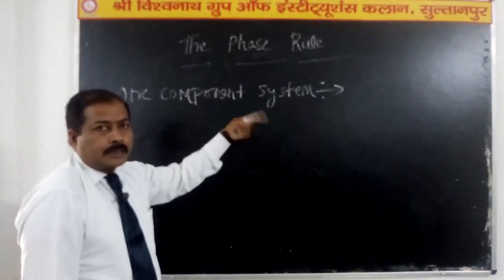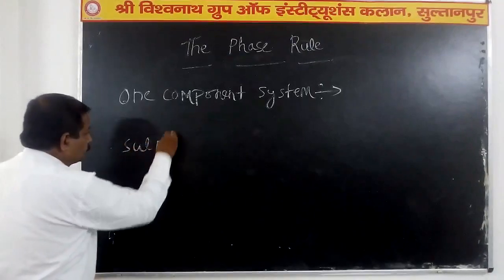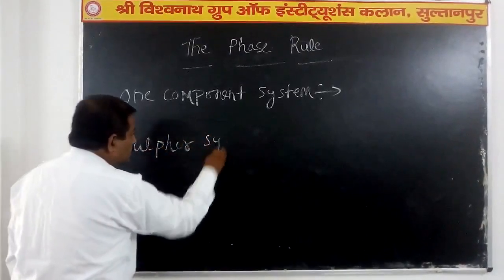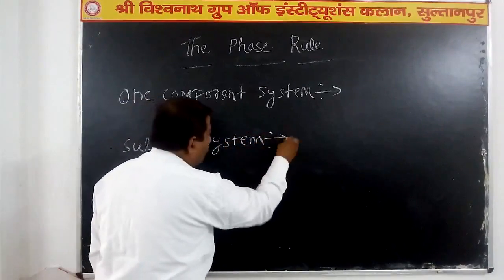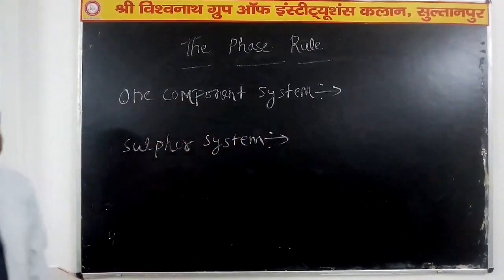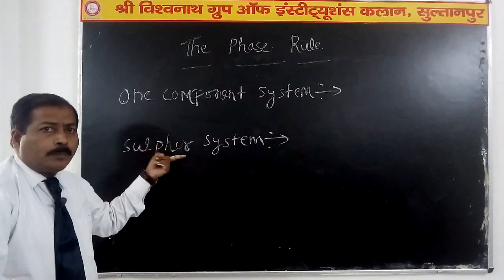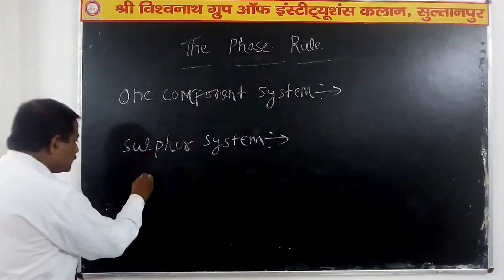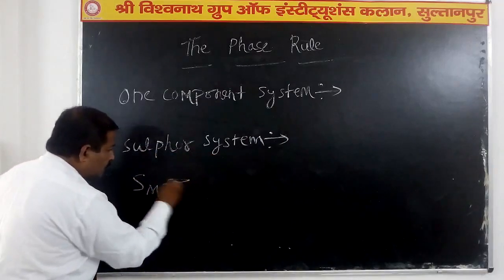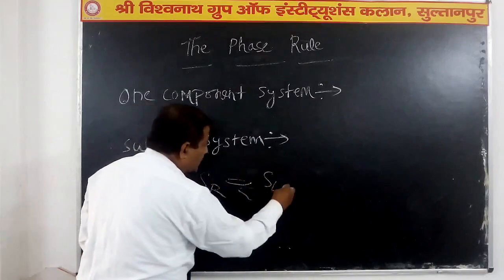Now we will take the second example, that is the sulfur system. The sulfur system is an example of one component system. Why? It is because the sulfur system under equilibrium condition has four phases, namely sulfur monoclinic, sulfur rhombic, sulfur liquid and sulfur vapor.